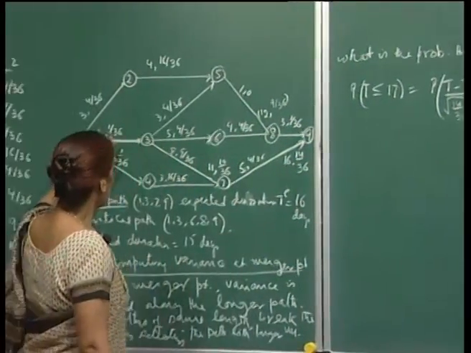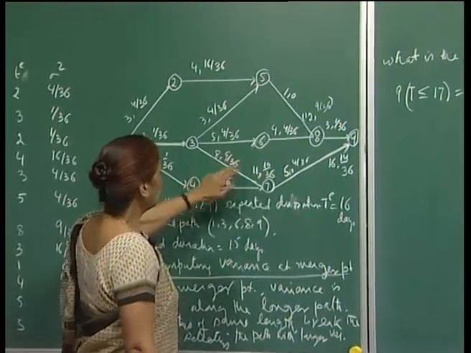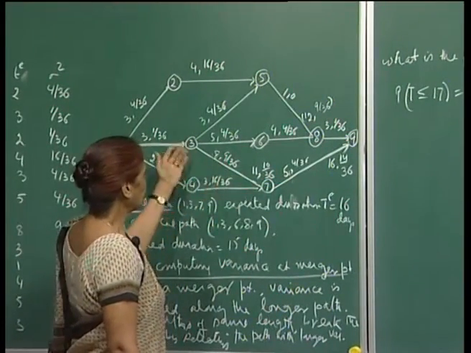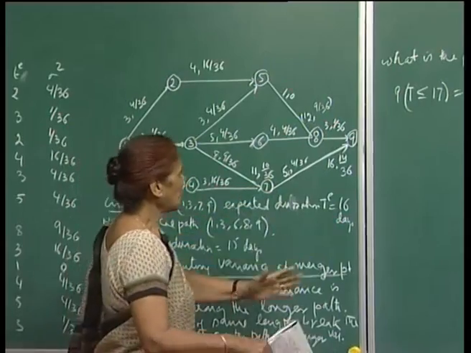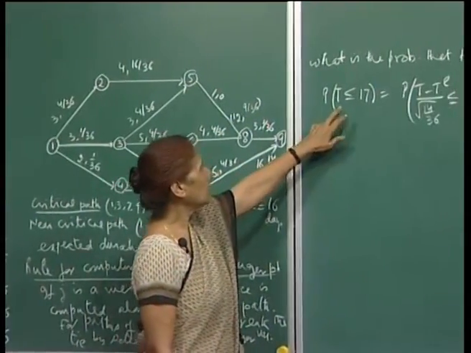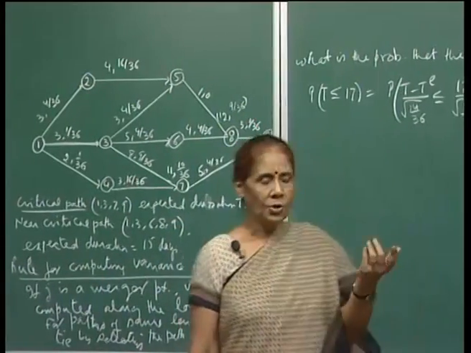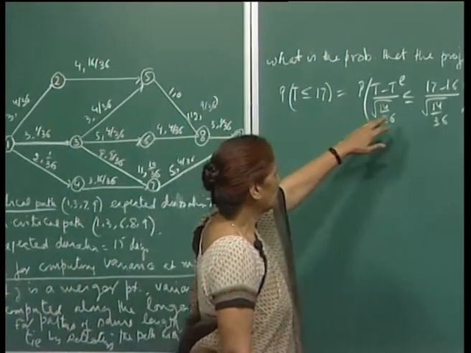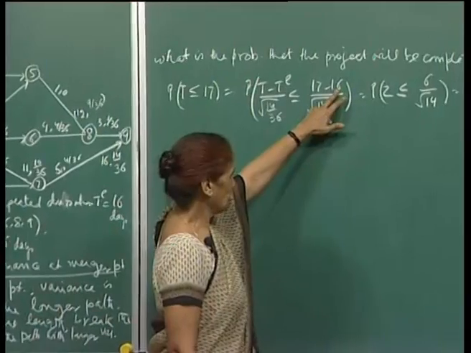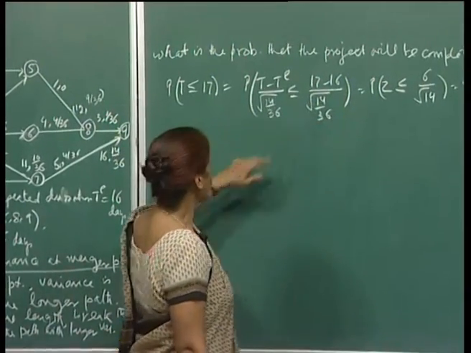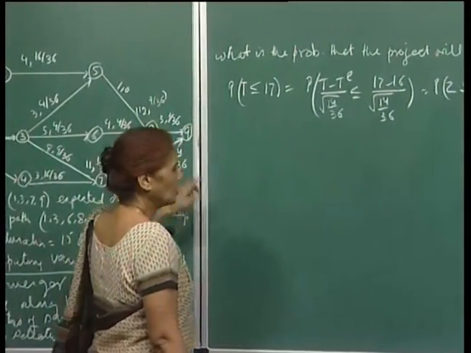The random variables denoting the completion of separate activities add up to T, and this has a normal distribution with the expected duration of the project as the mean, and the variance as the sum of the variances.